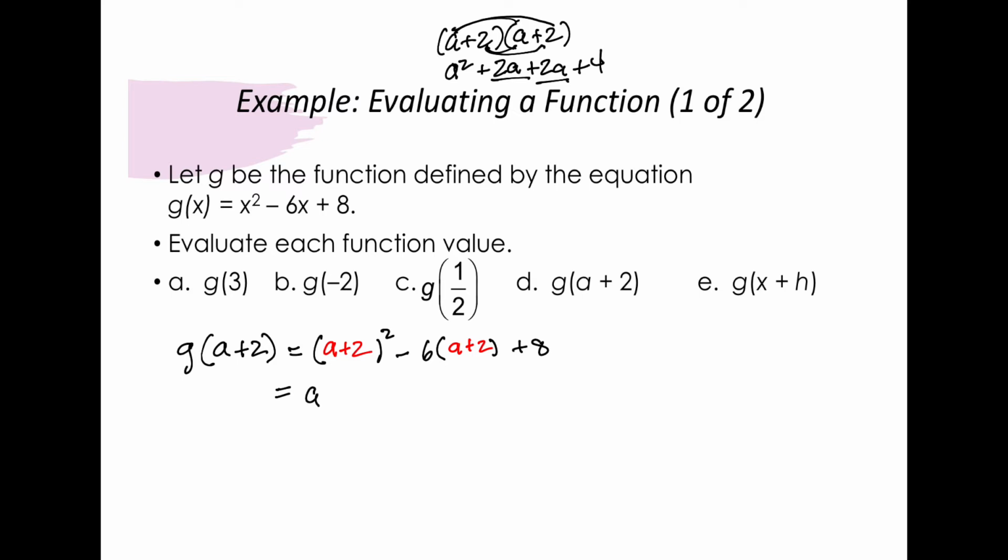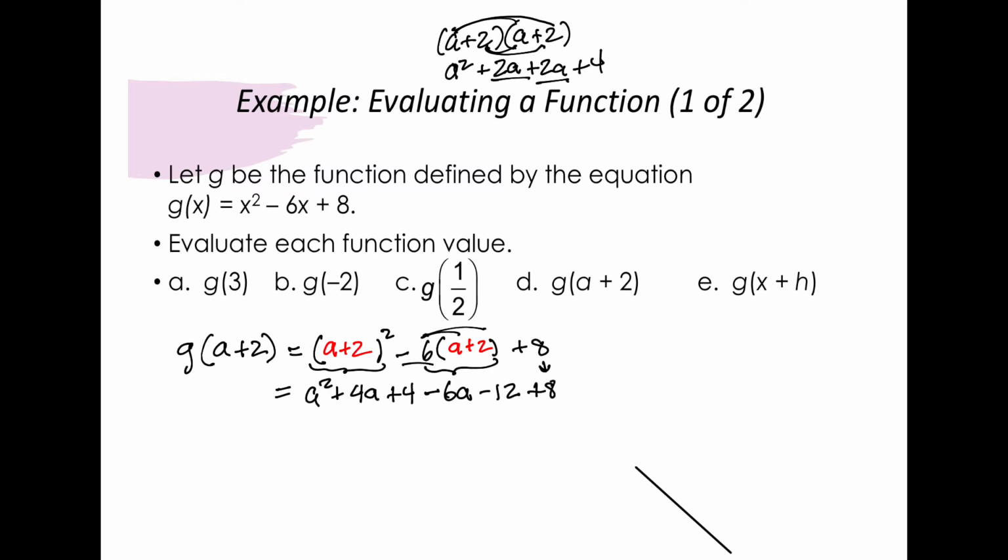So that's a squared plus 4a plus 4. And so I've expanded that out. Now we're going to think of this as negative 6 that I'm distributing there. So negative 6 times positive a is negative 6a, and negative 6 times positive 2 is minus 12. So I've distributed and carried out the multiplication there. And then we have our plus 8.